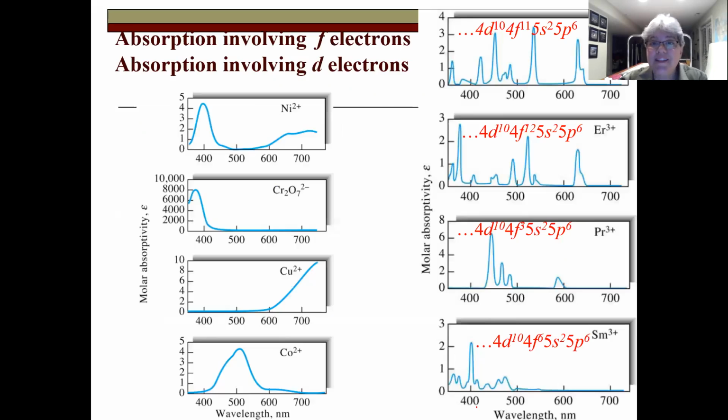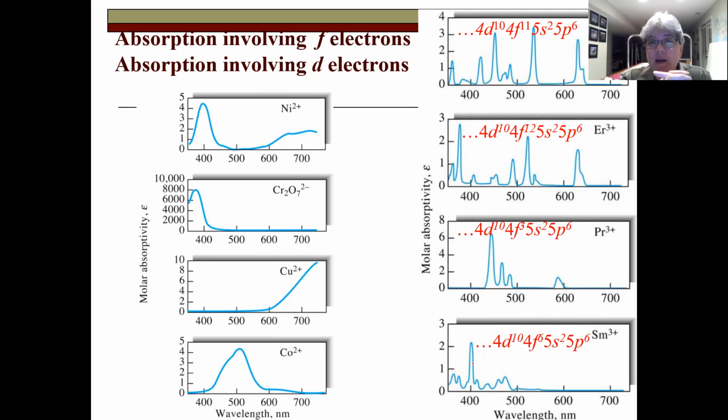Both D and F electrons absorb UV-Vis light. In fact, these are all actually visible light, not UV. Notice the D electrons have broad peaks in the visible region, while the F electrons absorb with very sharp peaks, also in the visible region.